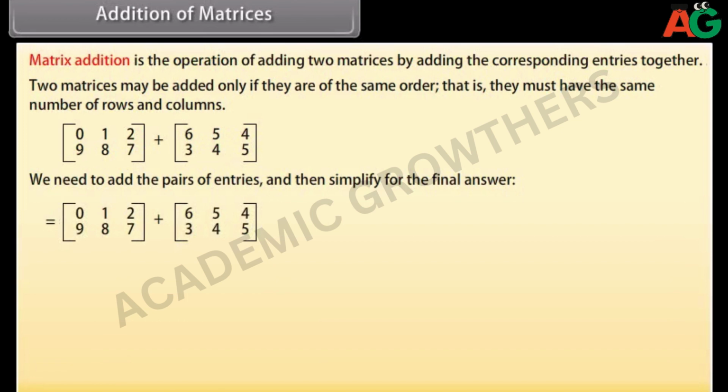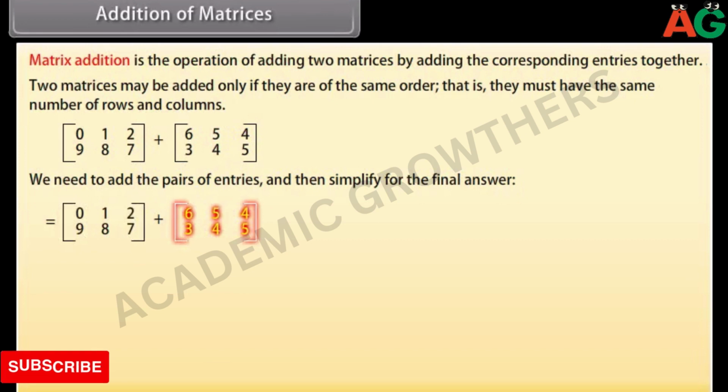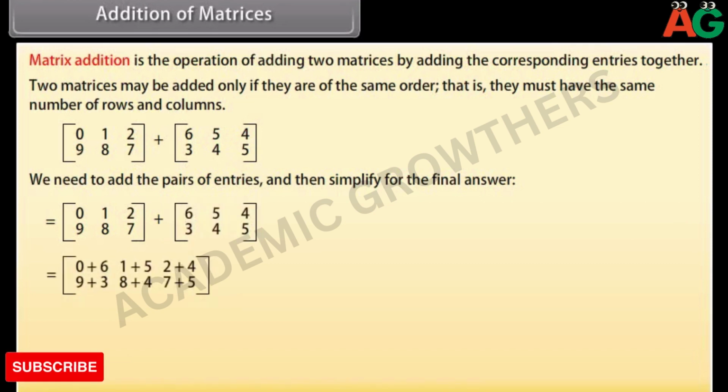Row-wise, first row 0, 1, 2, second row 9, 8, 7 plus row-wise, first row 6, 5, 4, second row 3, 4, 5. Row-wise, first row 0 plus 6, 1 plus 5, 2 plus 4.